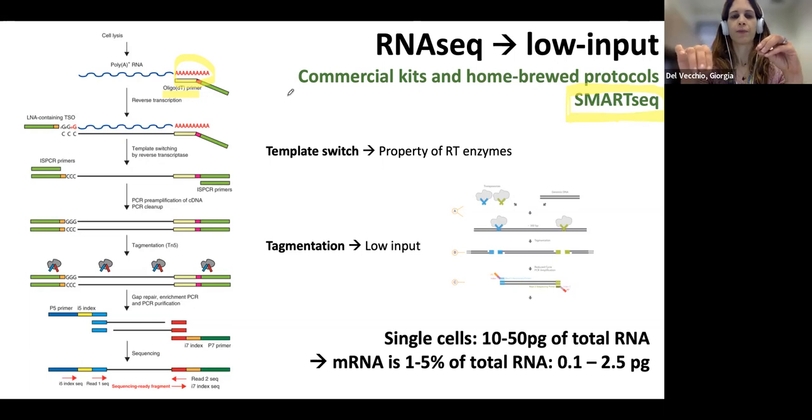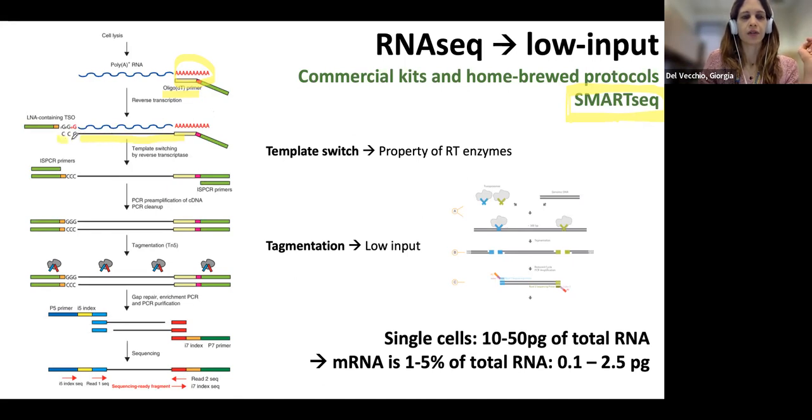That's why they developed the Smart-Seq approach. So we can use an oligo-DT primer during the reverse transcription to reverse transcribe the entire RNA template here, okay? So this is to obtain the first strand. This is the first strand synthesis.